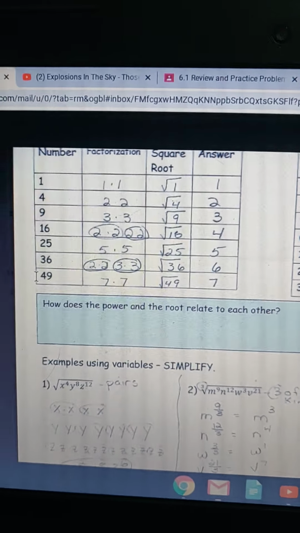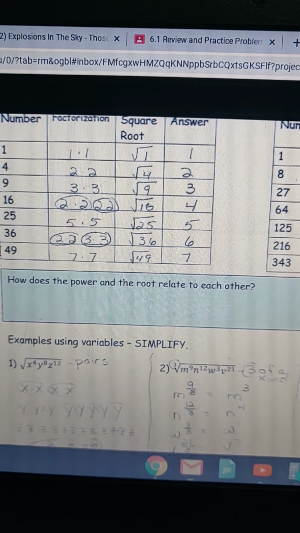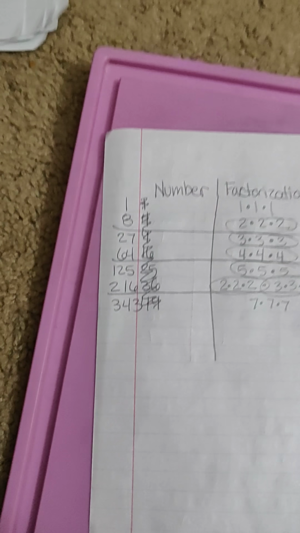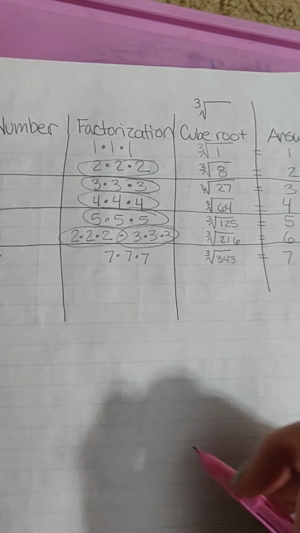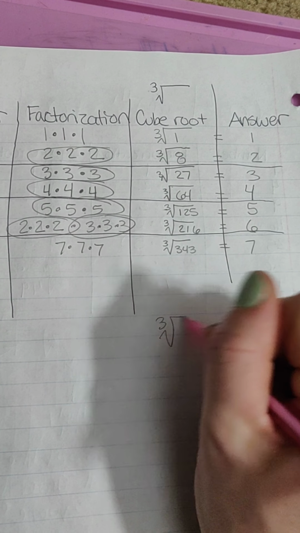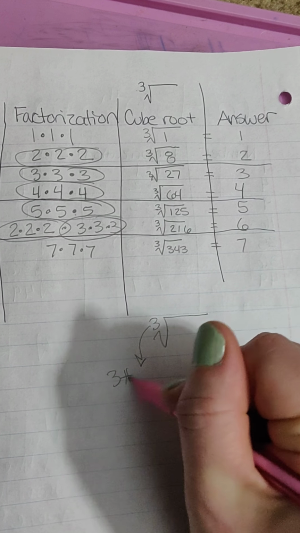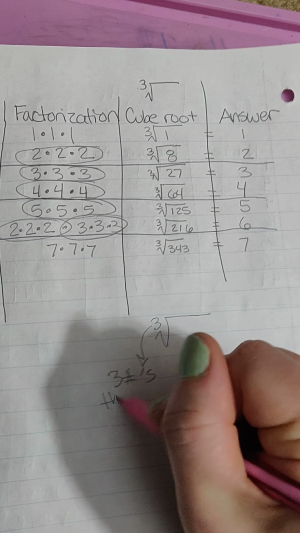So then if we're looking at the next page, again, the question is, how does the power and the root relate to each other? Well, if I have the third root, that means I have three numbers that multiply.